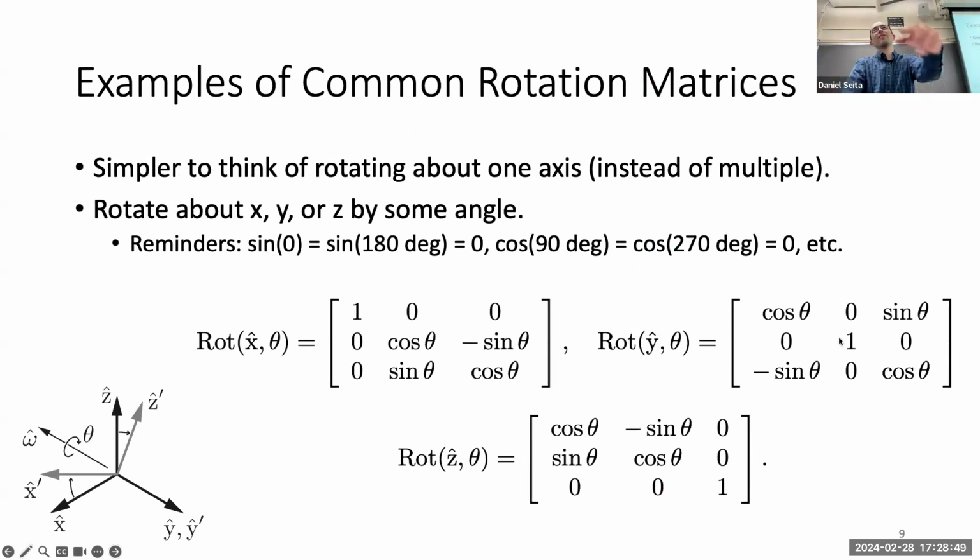The way to think about it is that, depending on if you have X, Y, or Z, that's where the one is located. So the one is going to be either in the top left, the middle, or the bottom right. It's kind of simple because it goes X, Y, Z. And then anything that is not in the same row or column as that one, that's where you put the cosine, negative sine, sine, and cosine. I don't know how people remember that, but this is how I remember it. And then there's another kind of annoying thing where you have to move the minus sign here, but yeah.